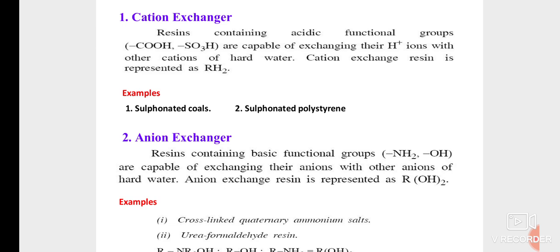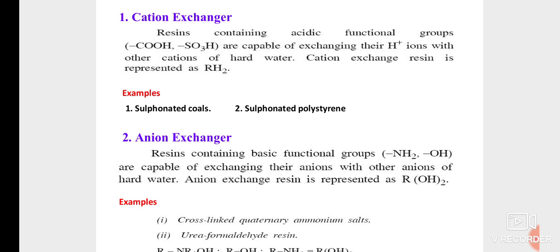Then the anion exchanger. What is an anion exchanger? Resins containing basic functional groups like NH2, which means an amine-like group, and OH, which means hydroxyl group, are examples for the anion exchanger. Basic functional groups are capable of exchanging their anions with other ions of hard water.